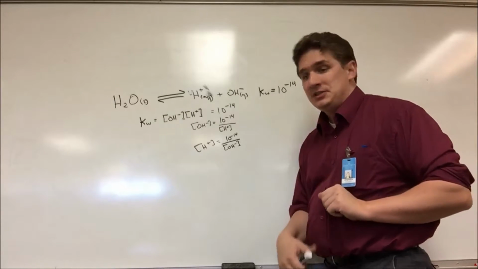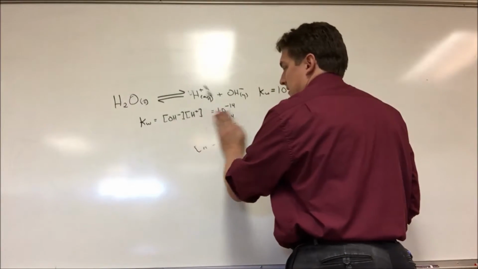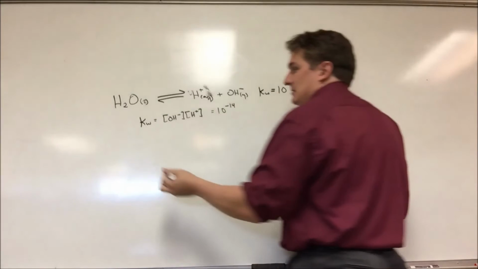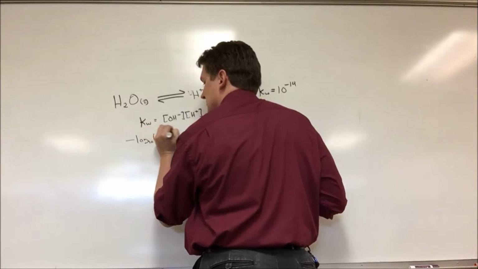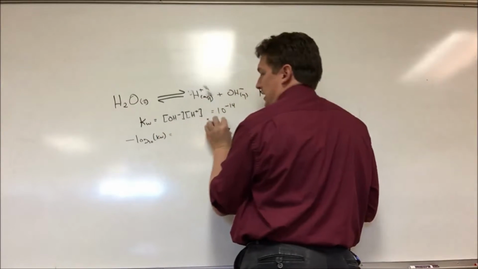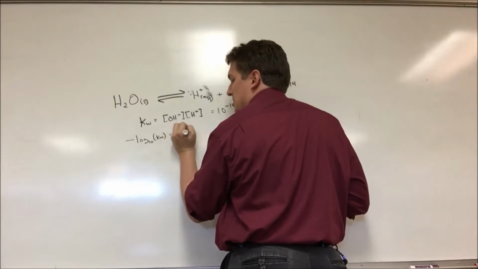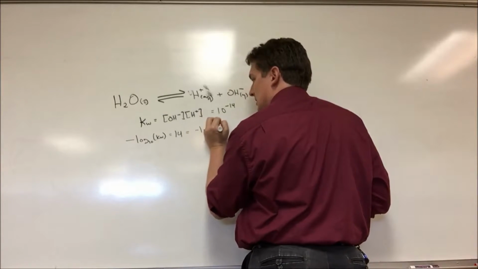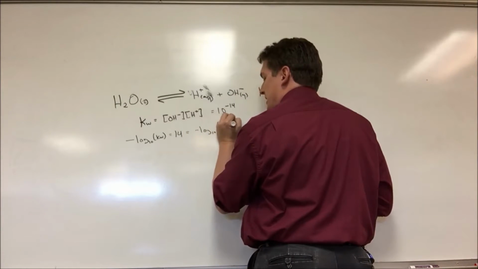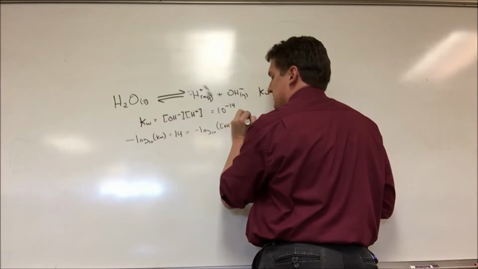But there's one other relationship we can use. If we take the negative log of Kw, this is going to be the negative log of 10 to the negative 14, which is going to be 14. But we can also take the negative log of the concentration of OH minus times the concentration of H plus.